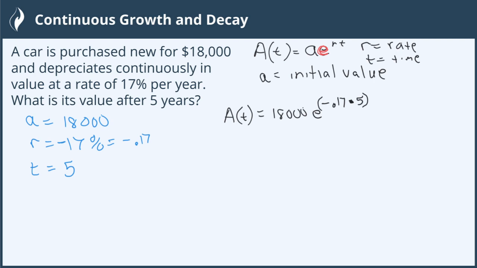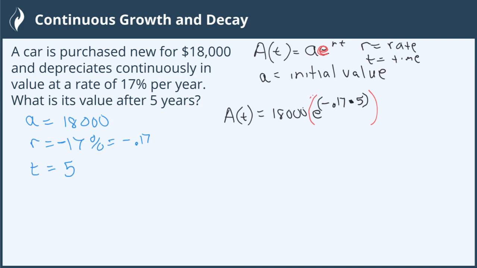On my calculator, I actually do this part first. I do my e, and on the calculator you raise e to the rate. There's actually a key on the TI-84 above the LN. You hit second and LN, and then you put in the negative 0.17 times 5.